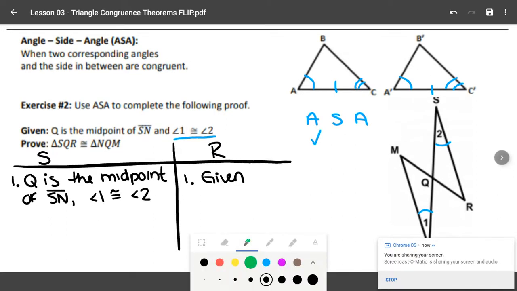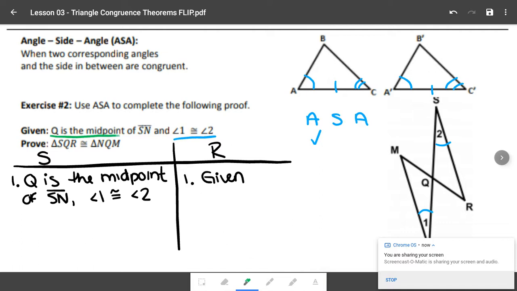Now, when I look further here, back to the given, I know that Q is the midpoint. Once you see one of your vocab terms, we can use that to help us. We should know at this point a midpoint cuts a segment, in this case SN, into two congruent segments. So we can say SQ is congruent to NQ.